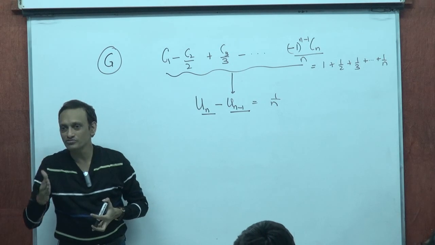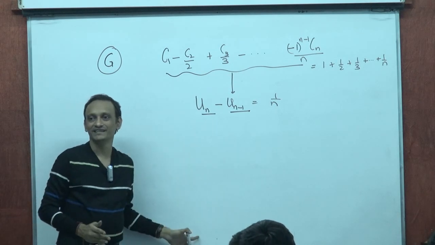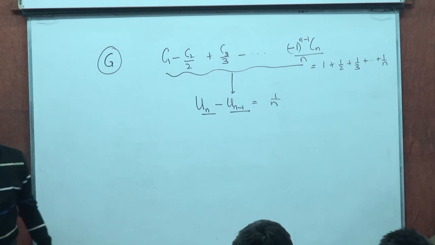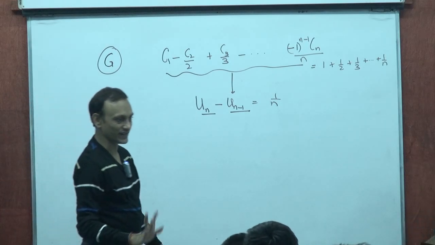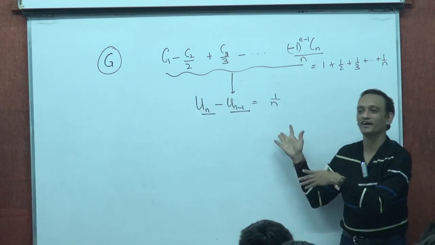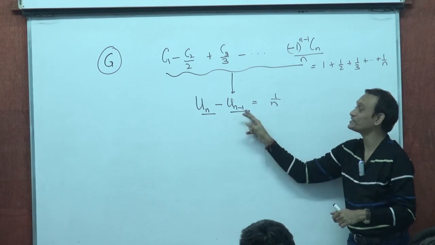Put n equal to 1, 2, 3, etc. and add vertically. You will get a telescoping sum, and you will get Un is 1 + 1/2 + 1/3 and so on and so forth. That's what you will get. You don't have enough time right now, otherwise I would have asked you to work on it at home, but this is something that will work.